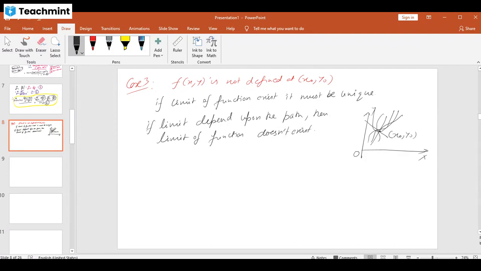Now we'll try to identify the cases where the limit of the function exists and where it does not exist.